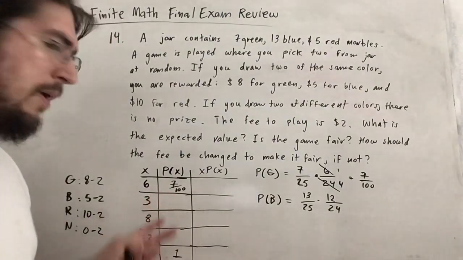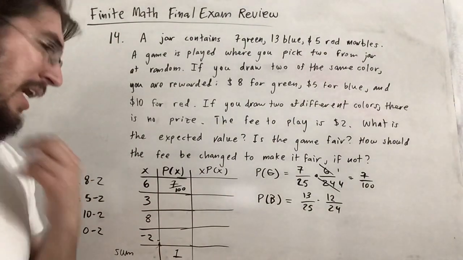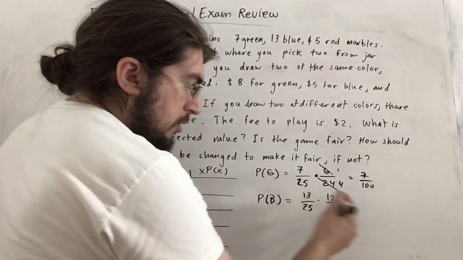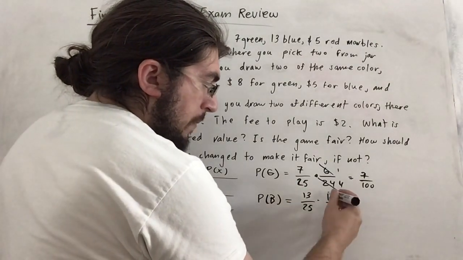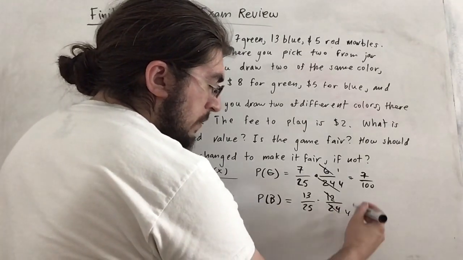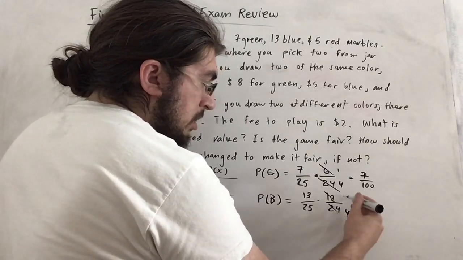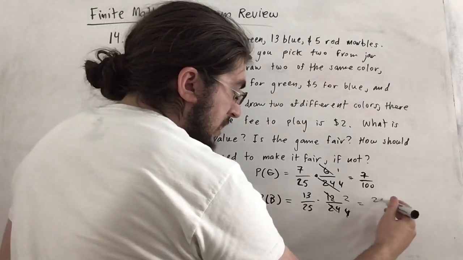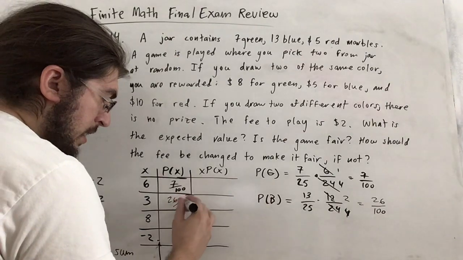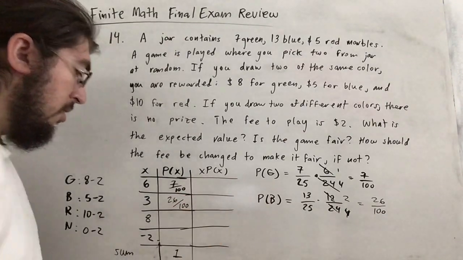But I like having the common denominator of 100. I think that's going to play out quite nicely throughout here. So I'm going to divide top and bottom by 2, so it's 26 over 100. I think this sounds okay. Hopefully we get a denominator of 100 for all of these.